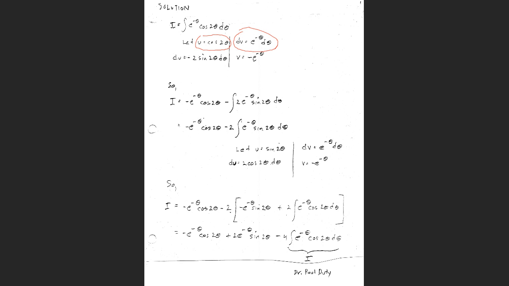All right, so let me write the formula down again for integration by parts. I'll write it up here on the top right-hand corner. And remember, on the right side of your screen, there should be a zoom feature to blow up the image.